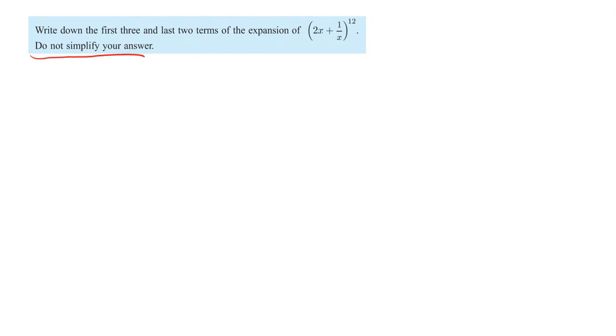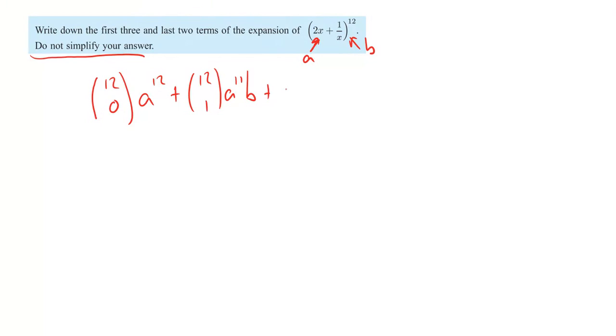So we're on the 12th line, so I'm just going to write down 12, 0. And let's write this in terms of a and b first of all. So let's say that a is 2x, okay, b is going to be 1 over x. So I'm going to have a to the 12 plus 12, 1, a to the 11 b plus 12, 2, a to the 10, b squared plus, no, I only need those first 3 terms.